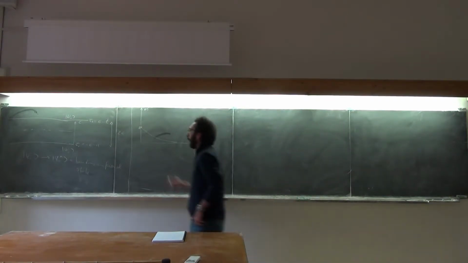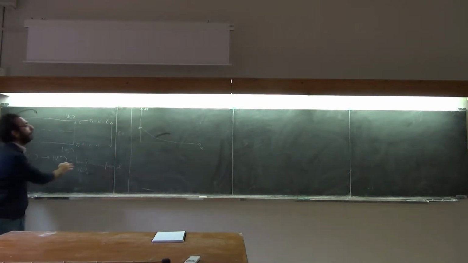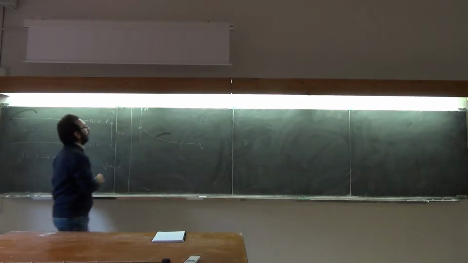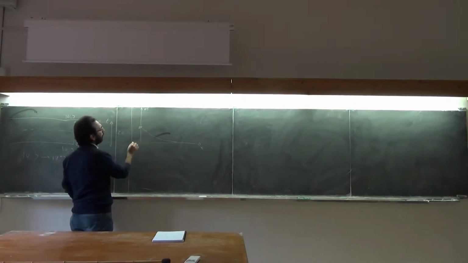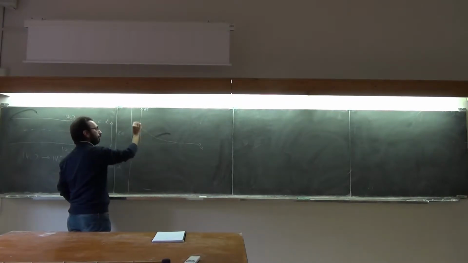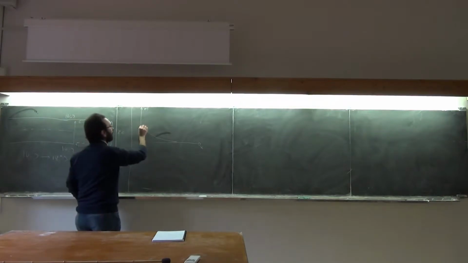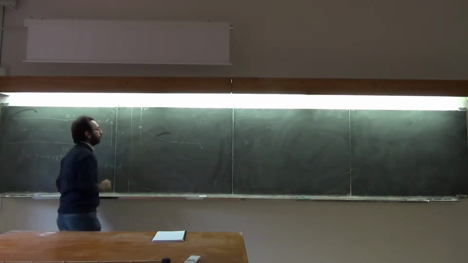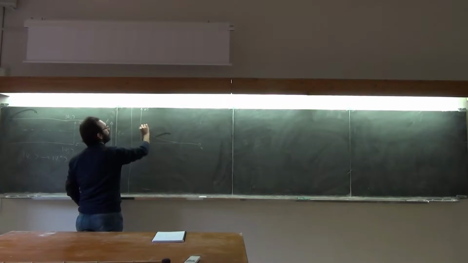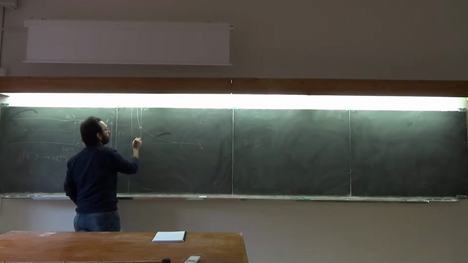But how does this match with the conformal boundary condition? The idea is that the boundary conformal condition should not be applied at the origin, but at some distance from the origin. And this distance is called the extrapolation length.